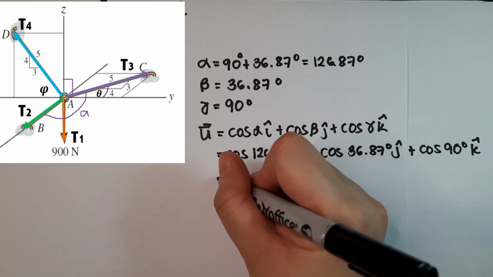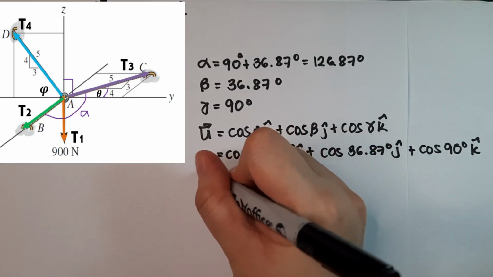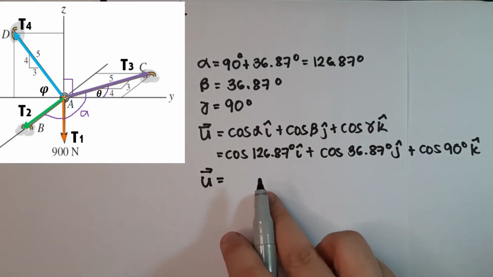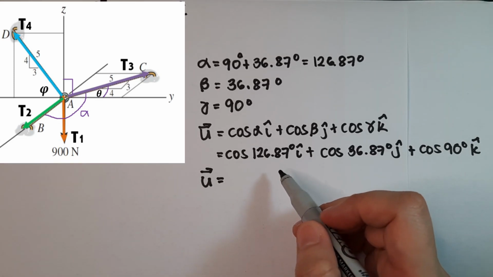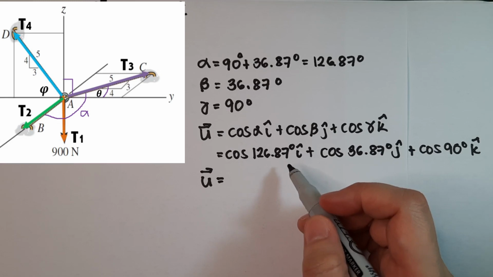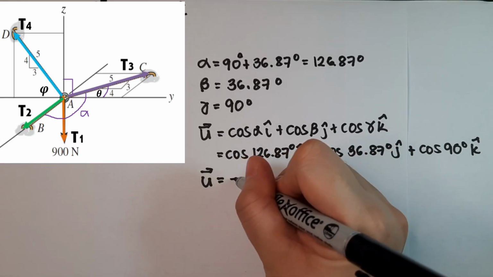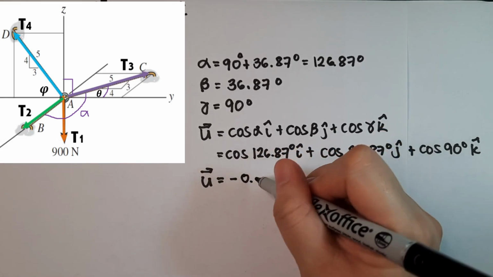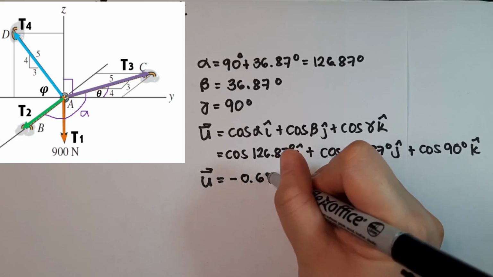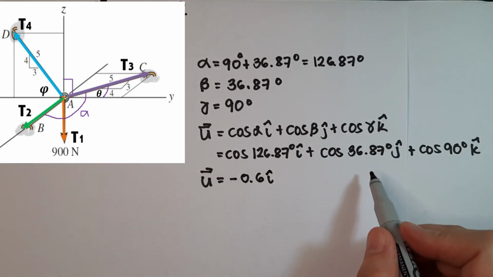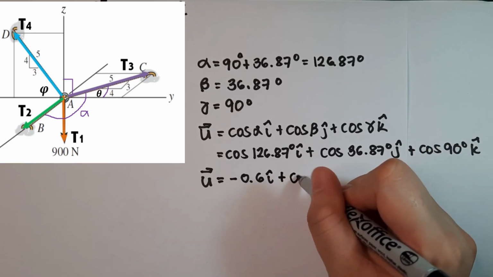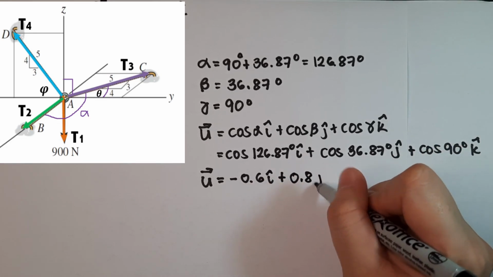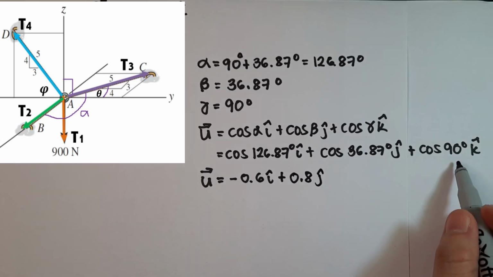So let's solve for the unit vector. Cosine 126.87 is negative 0.6 i hat, cosine 36.87 is positive 0.8 j hat, and cosine 90 is 0.